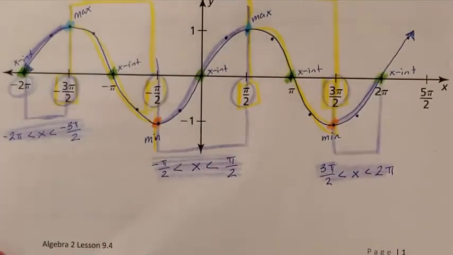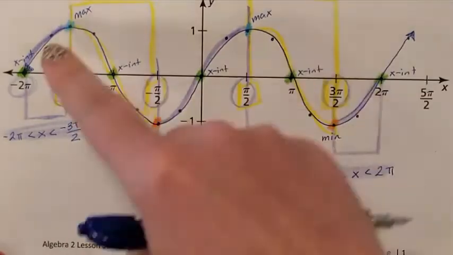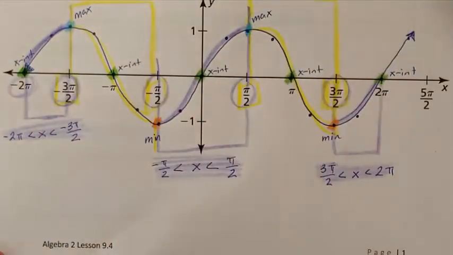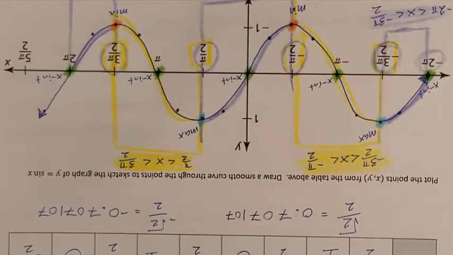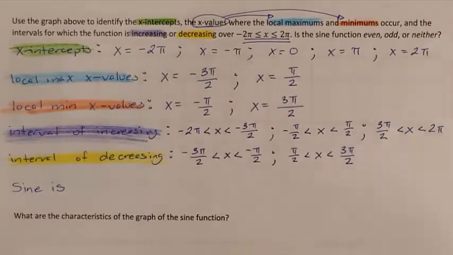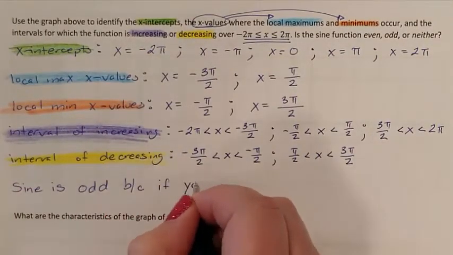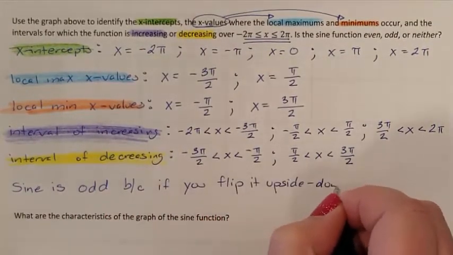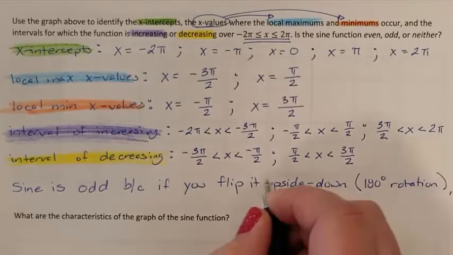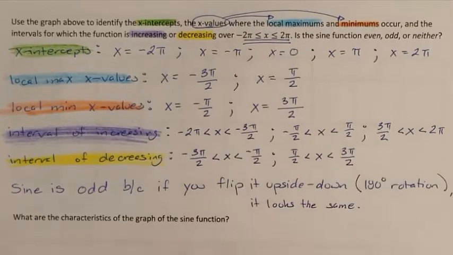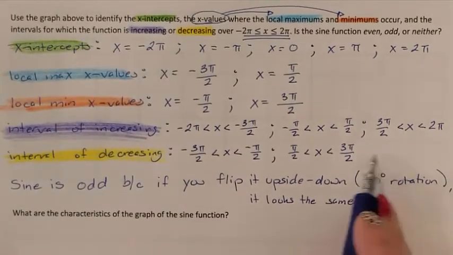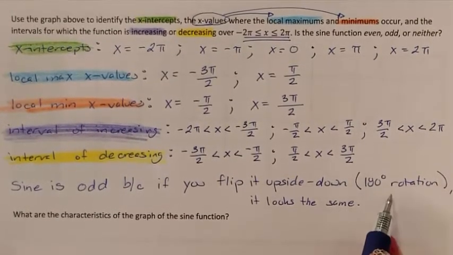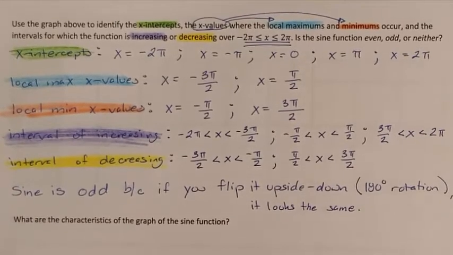Odd meant that if I turned it upside down, so have this burnt in your brain, if I turn it upside down, does it look the exact same? It actually does, which means it's odd. So our function is odd. So I told you to flip it upside down. That is the non-math way of saying rotate it 180 degrees about the origin. That's how you determine whether it is odd or not.